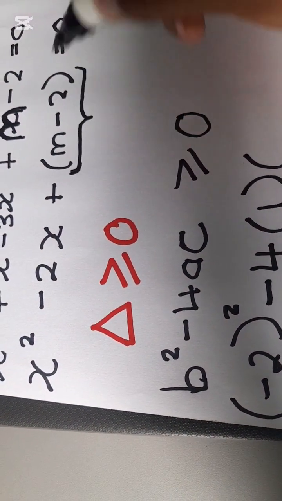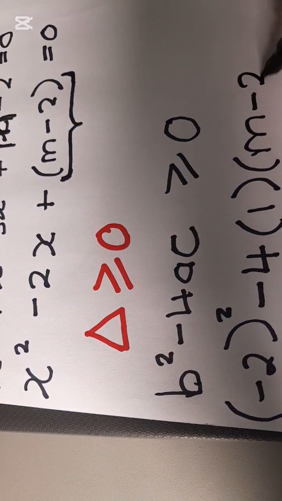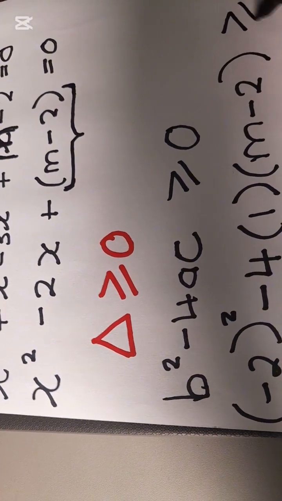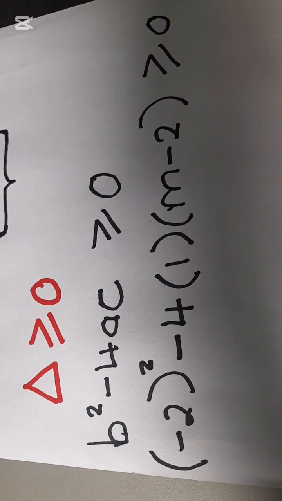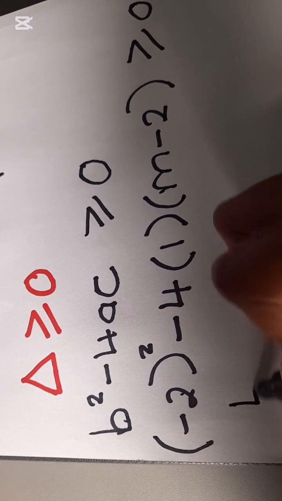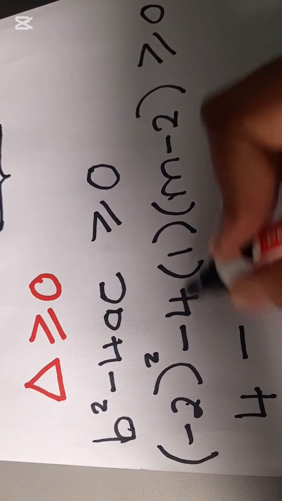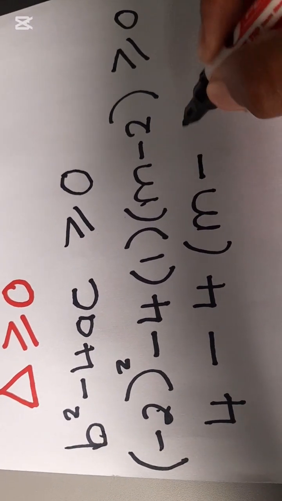Remember I said that it acts as one term, right? So we're going to have m minus 2 close bracket greater or equal to 0. Okay, so what's going to happen here is that this value is going to be 4 minus 4 open bracket m minus 2.